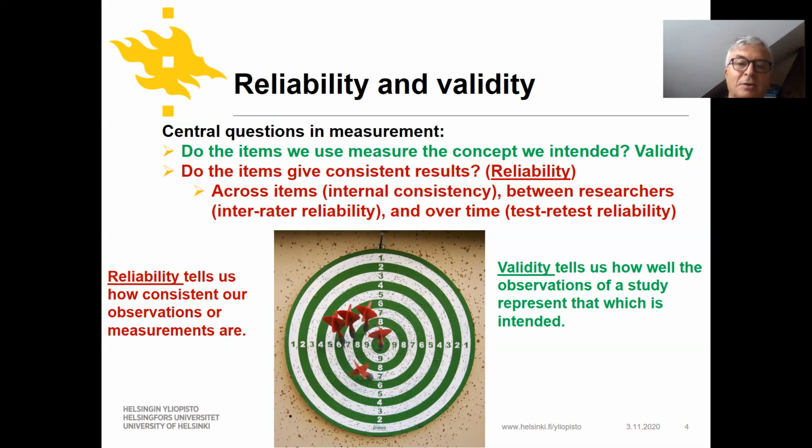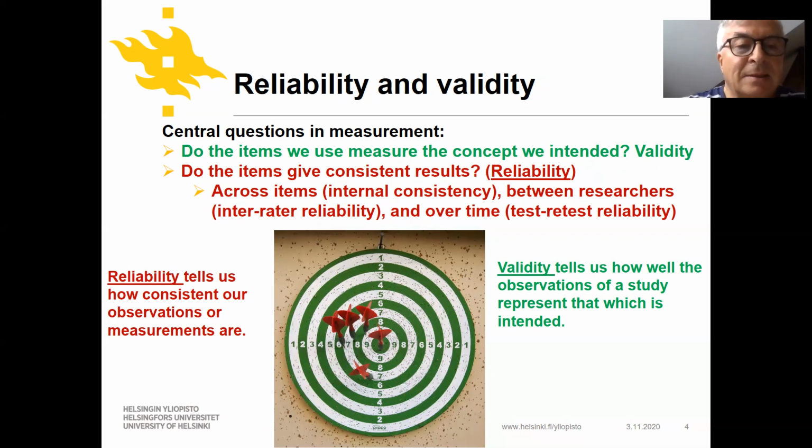Across items, reliability would be internal consistency. Between researchers would be inter-rater reliability, so whoever I ask would answer much the same about, okay, looks like this and doesn't look like that, and so on. And over time, reliability would be retest reliability. So if I ask the same questions tomorrow, I'll still get the same answers.